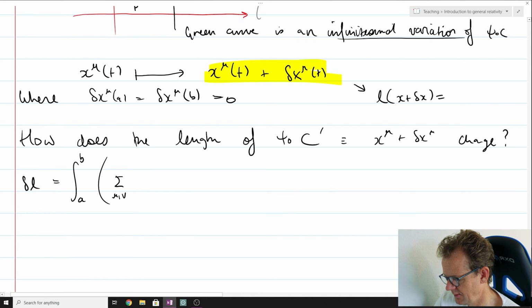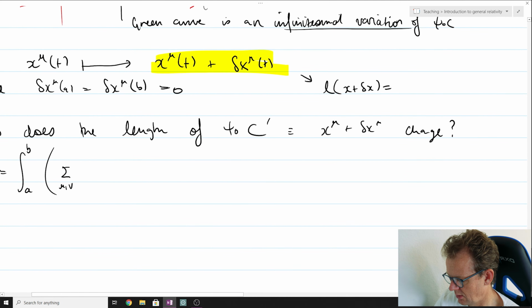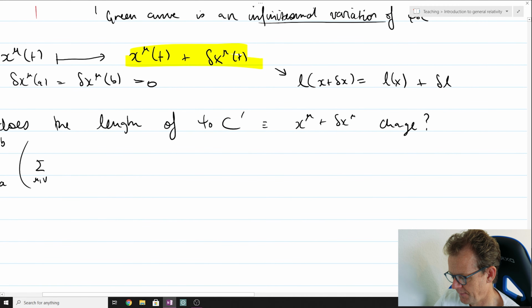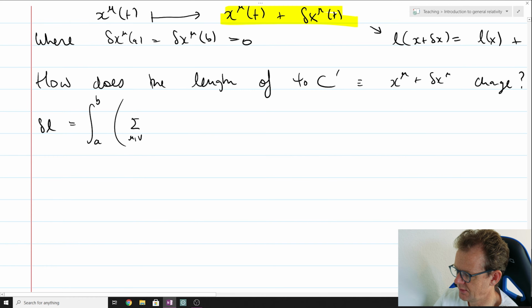But if you expand to first order, what should happen is you should get the length of the original curve plus some first order shift in the length. The length's got to respond to the small variation of the curve. And there'll be higher order terms, but we won't focus on those. So what's the first order shift in the length? How does it change when we slightly vary our geodesic?